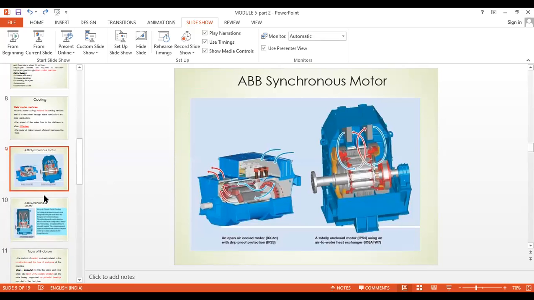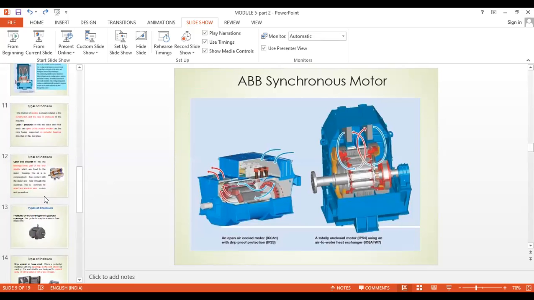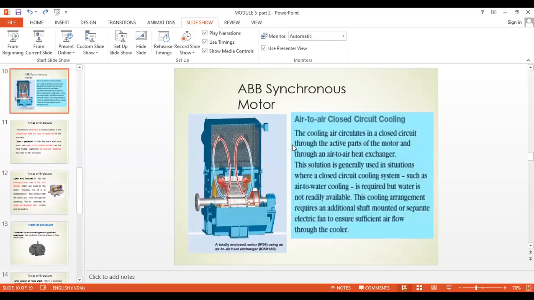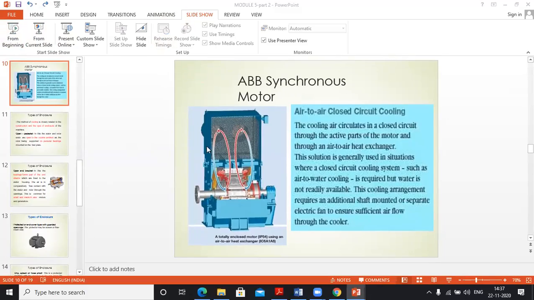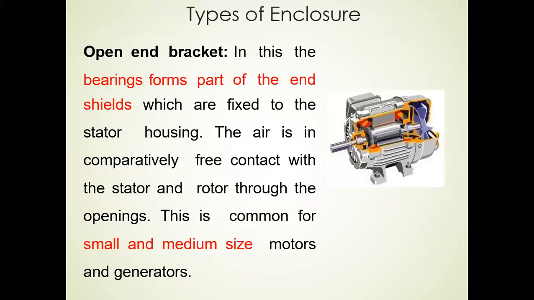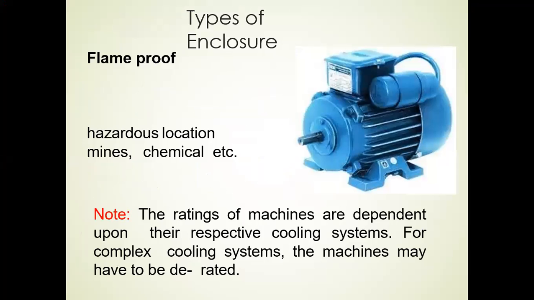And this is type of ABB synchronous motor, and type of enclosures we have seen. Types of enclosures and standards for the protection, enclosure and cooling system we have seen.